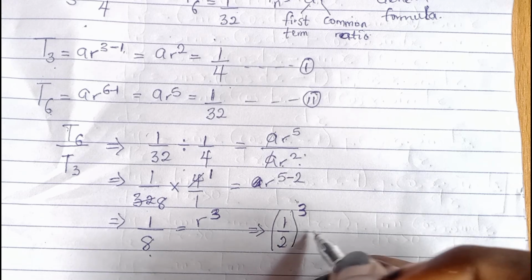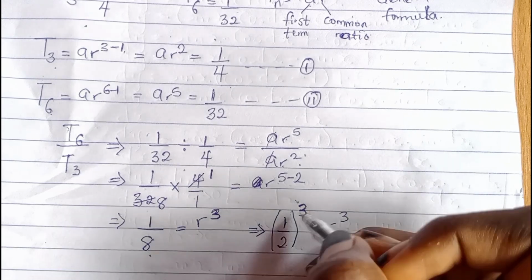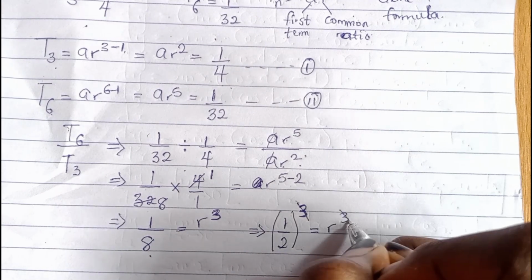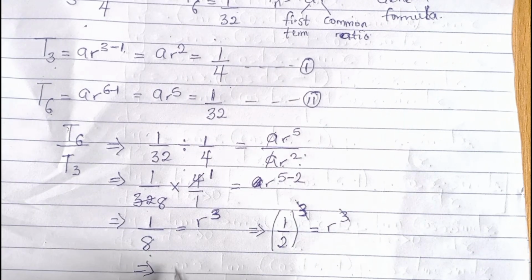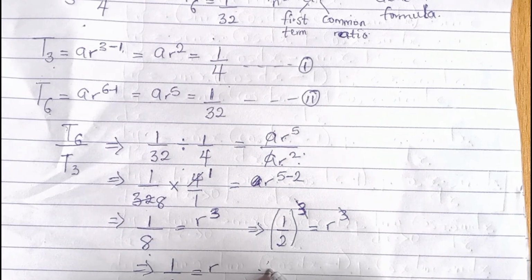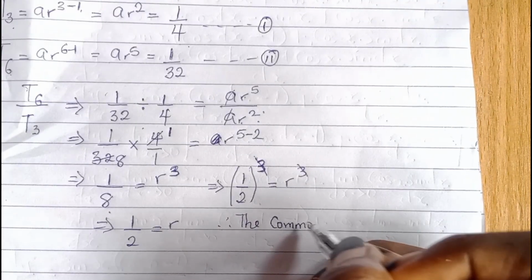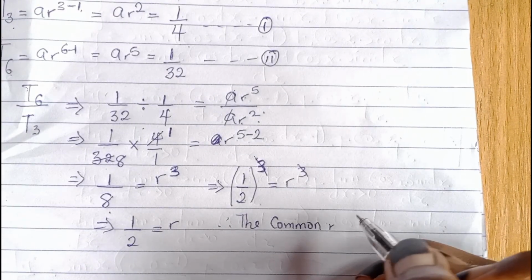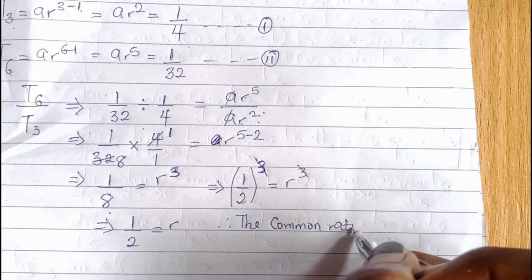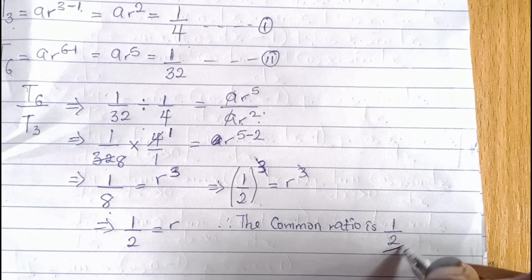That's 1/8 equals R raised to power 3. Now we can cancel out the powers, leaving us with 1/2 equals R. Therefore, the common ratio is 1/2.